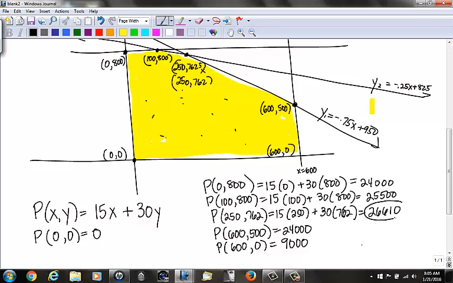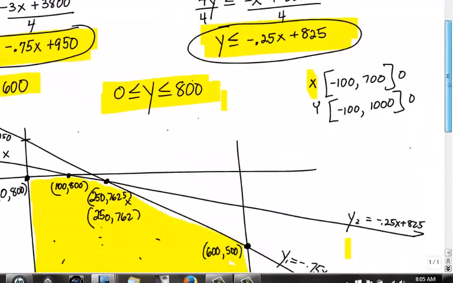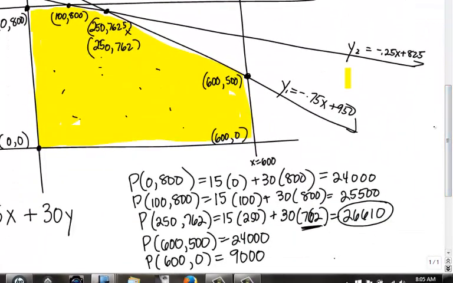Definitely this is the max, 26,000. So the maximum profit earned is when you have, and the dollhouses was the Y, right? Dollhouses was the Y, so 762 dollhouses and 250 rocking horses.